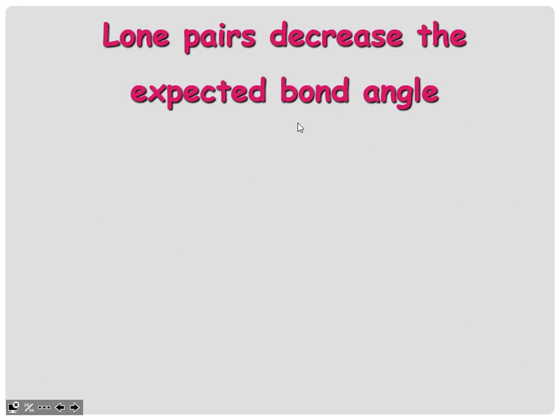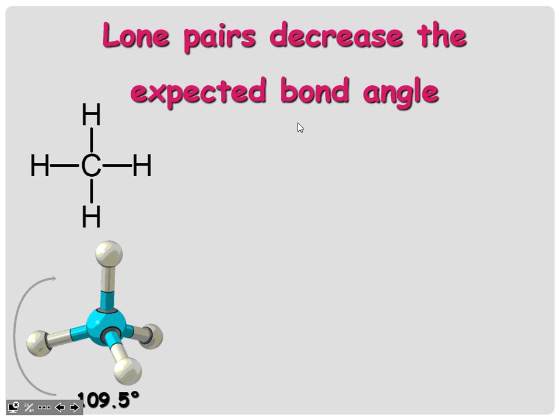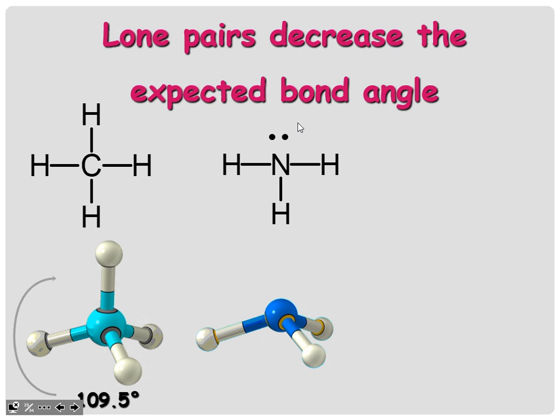So that gives us the differences in the angles: how many lone or unshared pairs that we have. If you look at this, tetrahedral we said was 109.5 degrees because tetrahedral has 4 shared pairs of electrons. Now let's look at this one. This ammonia has 1 lone pair.